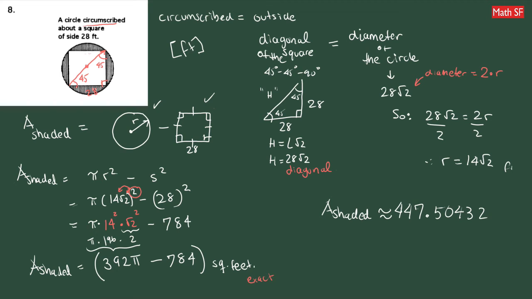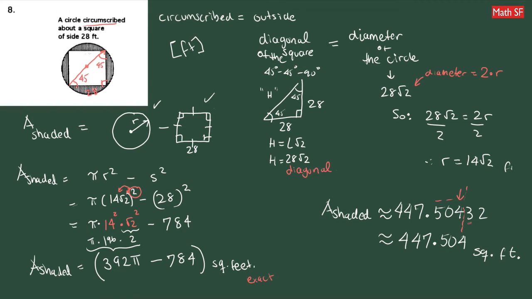The calculator shows that I get 447.50432, and so on. But the instruction says that we must round it to the nearest thousandth. You check if this digit is 5 or more. It's not, so it means you stay. So the shaded region is approximately 447.504 square feet.